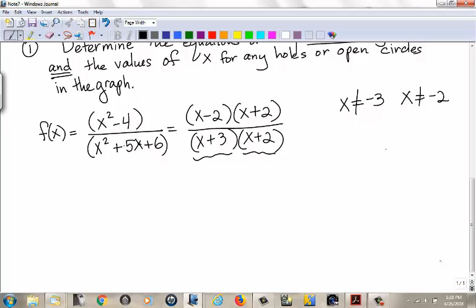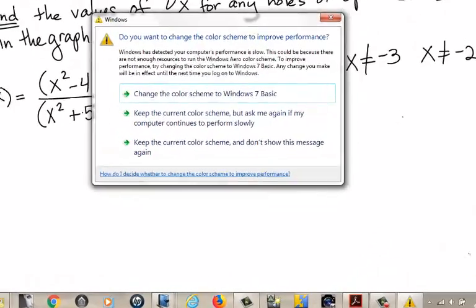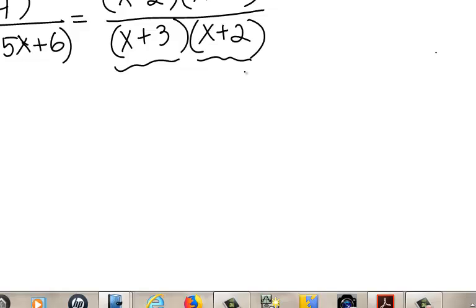I'm actually going to put in the original: x squared minus 4, parentheses, divided by, parentheses, then x squared plus 5x plus 6, close the parentheses. Now I'm going to do zoom 6, zoom standard, so it's negative 10 to 10, negative 10 to 10. And I get a graph.